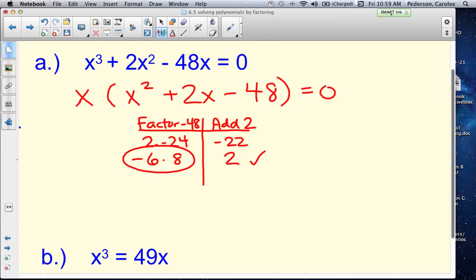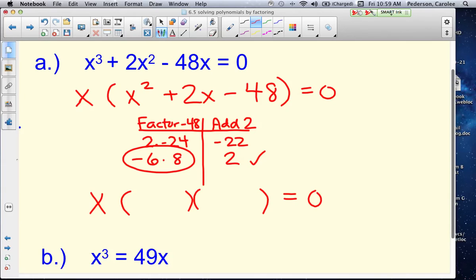So now I factor it as x, that's your GCF, and I have 2 parentheses. Split up the x's, and then the other 2 terms are from right here, negative 6 and positive 8. Now I have it in completely factored form.